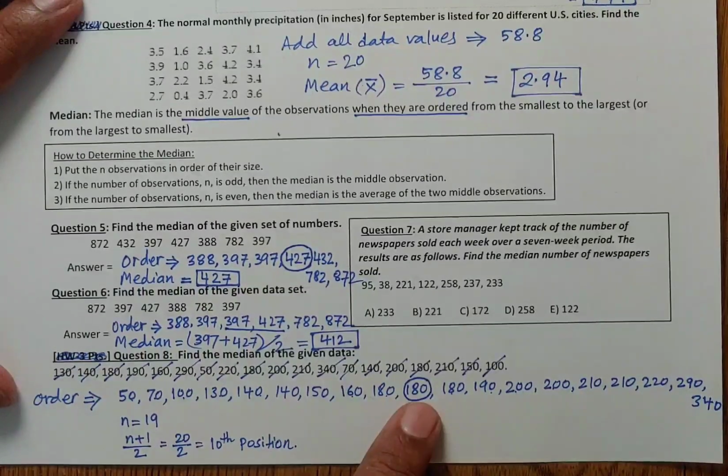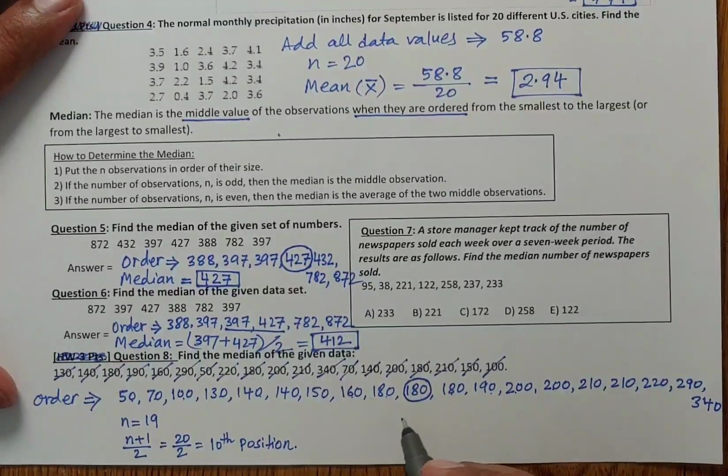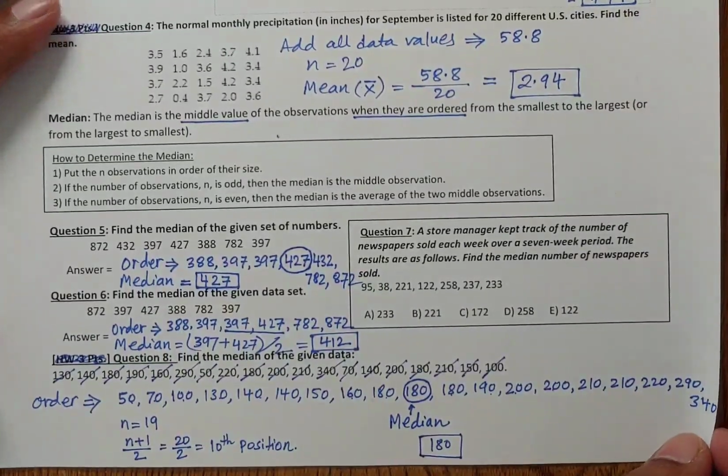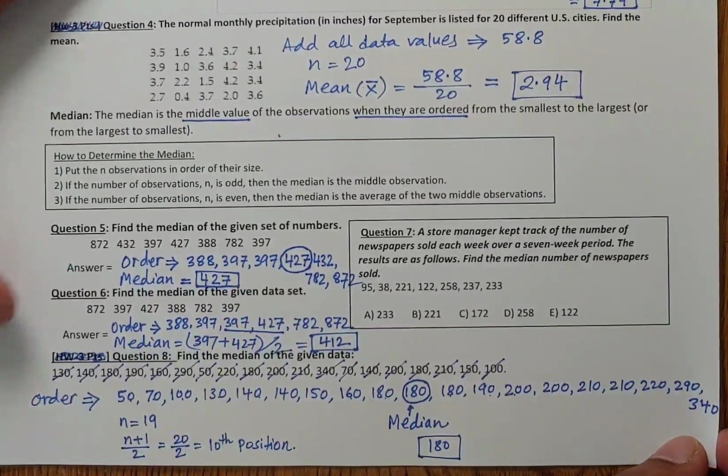So I get the 10th position, so that is the median. Okay, so this is the answer, 180. Okay, so we got the mean and median on this page.